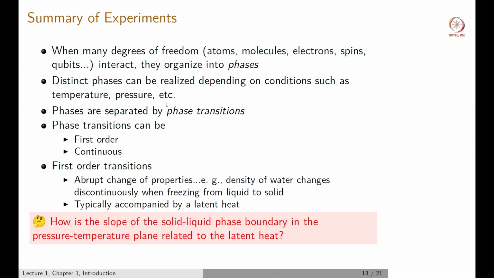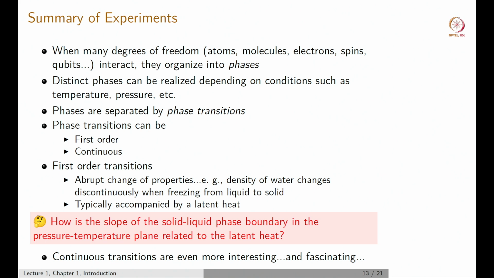Now the latent heat is a very important quantity, and I have shown you in the 2 slides prior to this that there is a first order transition line separating the liquid and the solid. So what I would like to invite you to do is to take the PT phase diagram, the pressure temperature phase diagram, and relate the latent heat to the slope of the first order boundary separating the liquid and the solid.